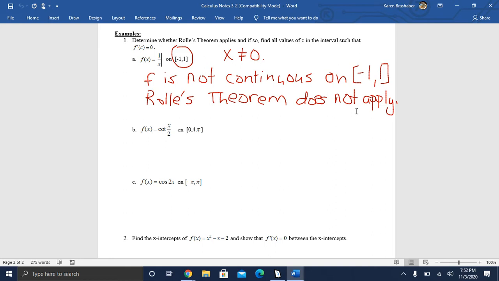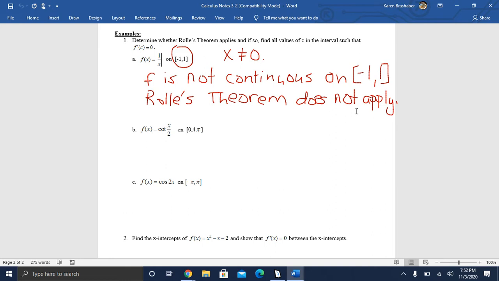If you have a trig function that has asymptotes, and all of them except sine and cosine have asymptotes, then you need to be concerned, or at least suspicious, that maybe Rolle's theorem will not apply.